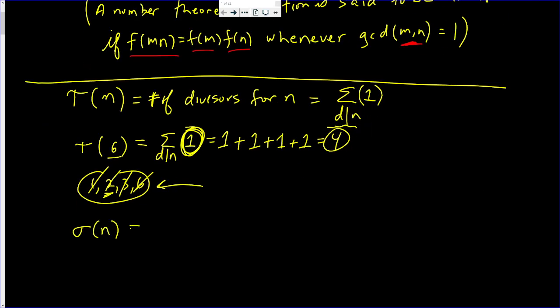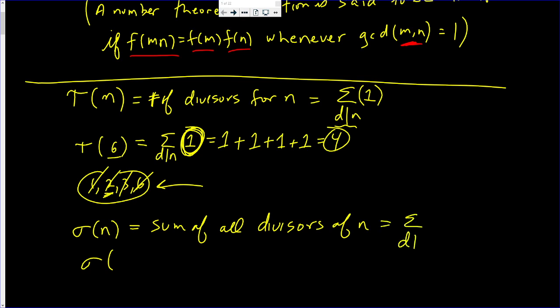Sigma of n is equal to the sum of all positive divisors of n. In other words, sigma of n is equal to the sum of d, where d is a divisor of n. So, sigma of 6, for example, is equal to the sum of all divisors of 6.